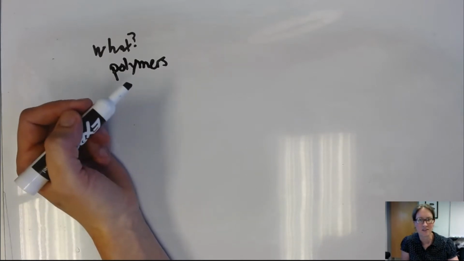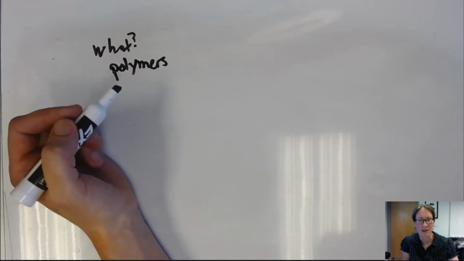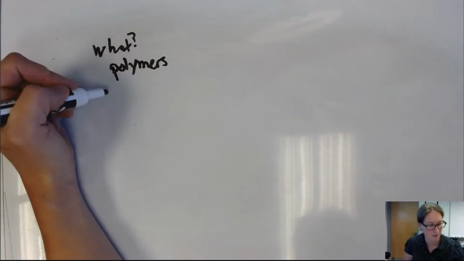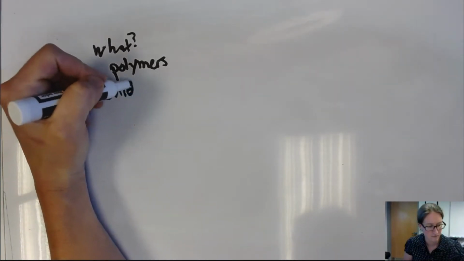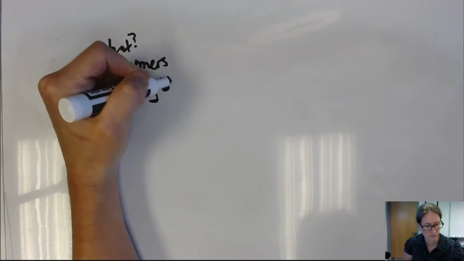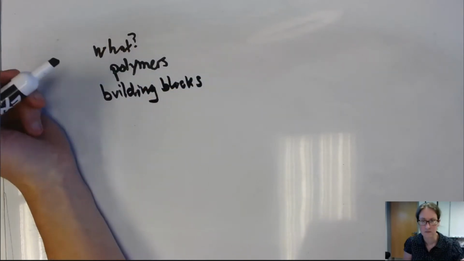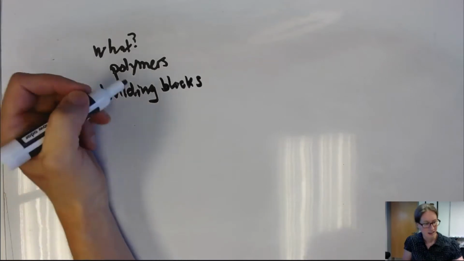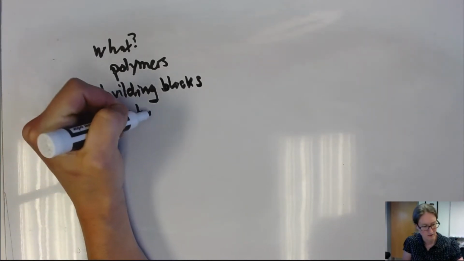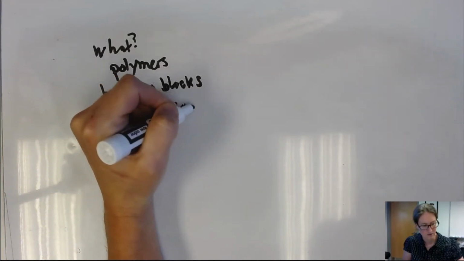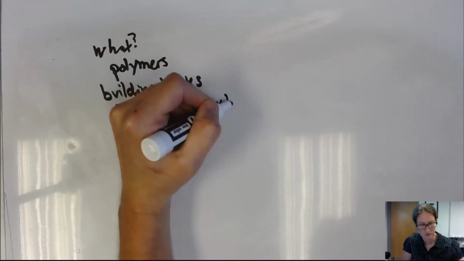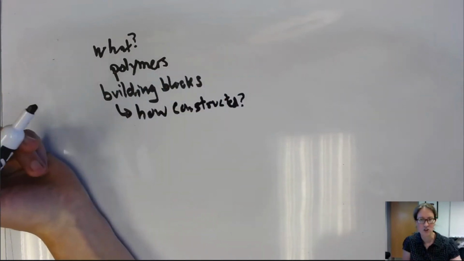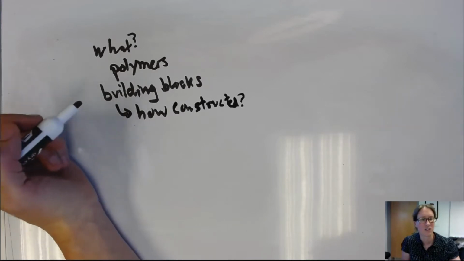So we can start to understand how these molecules function by considering the types of building blocks they're made from. And what we want to understand has two sides. First, how are they constructed? So their construction can give us some insights into how they function in cells.